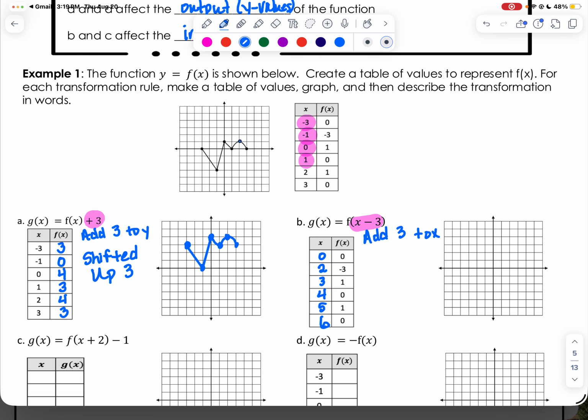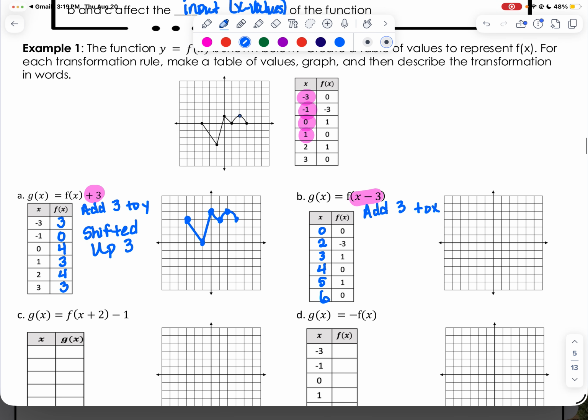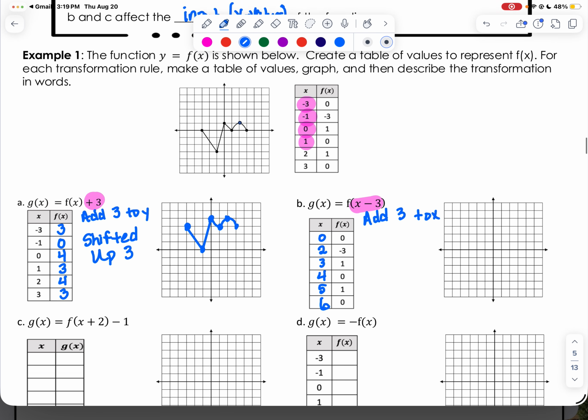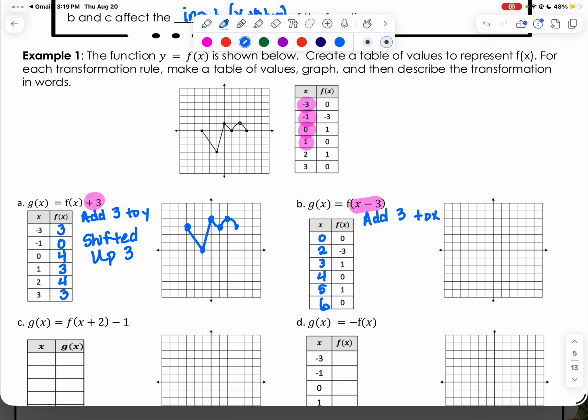So once you've added 3 to each x value, now we're going to plot the transformation f of x minus 3. So our first point is 0, 0, 2, negative 3, 3, 1, 4, 0, 5, 1, and 6, 0.